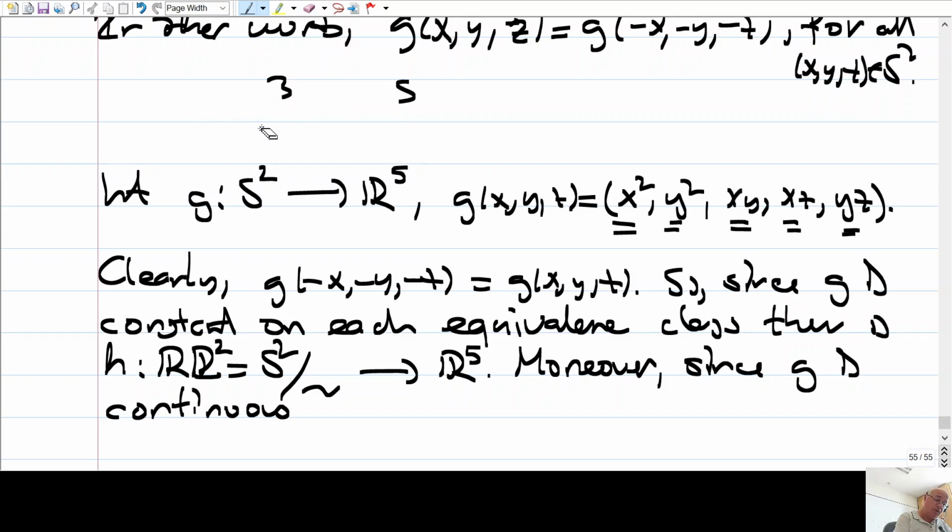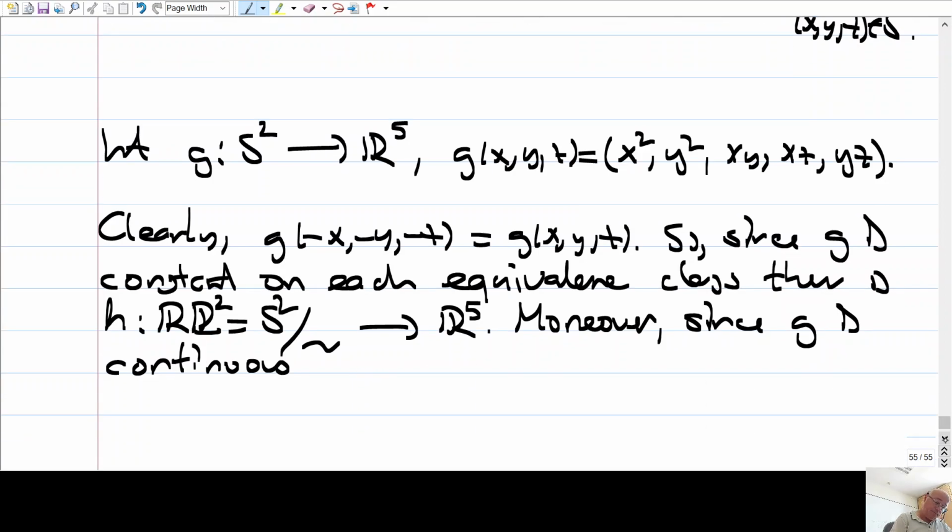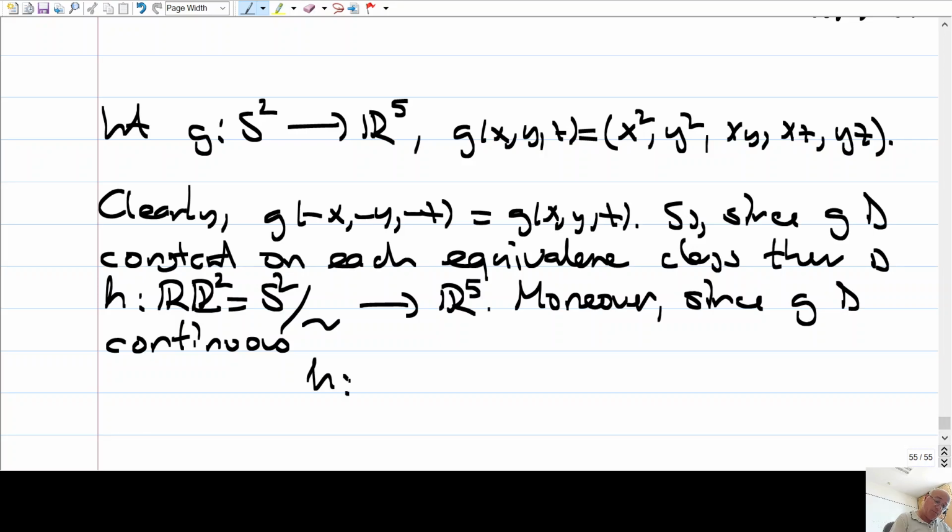And since this is continuous, H from RP2 into R5 is automatically continuous.